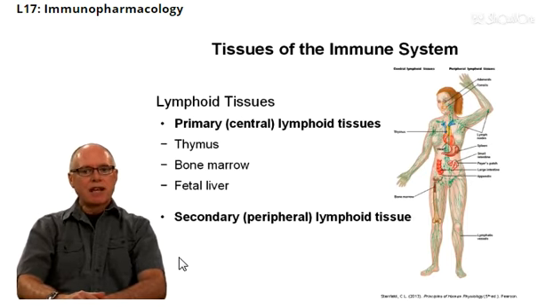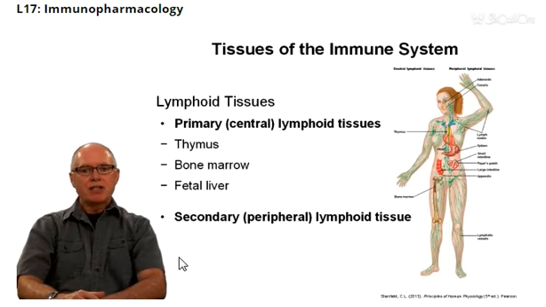Bone marrow is the site where all leukocytes, including erythrocytes, develop from the same hematopoietic stem cell progenitors. B lymphocytes and most other leukocytes also mature in the bone marrow, whereas T lymphocytes migrate to the thymus to fully develop and mature.